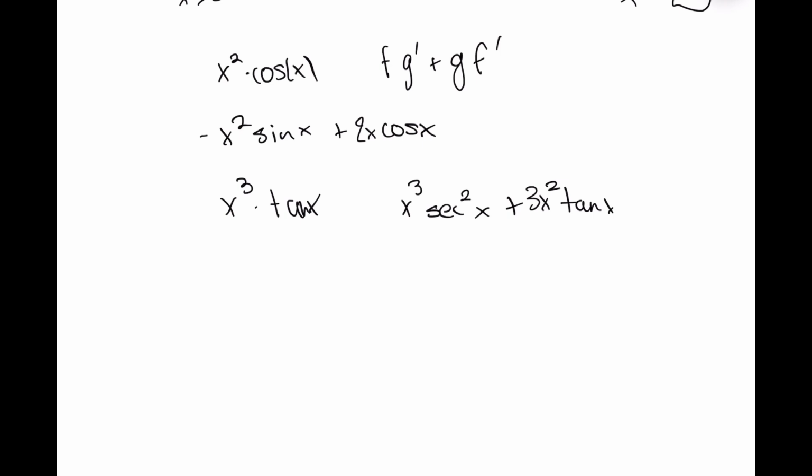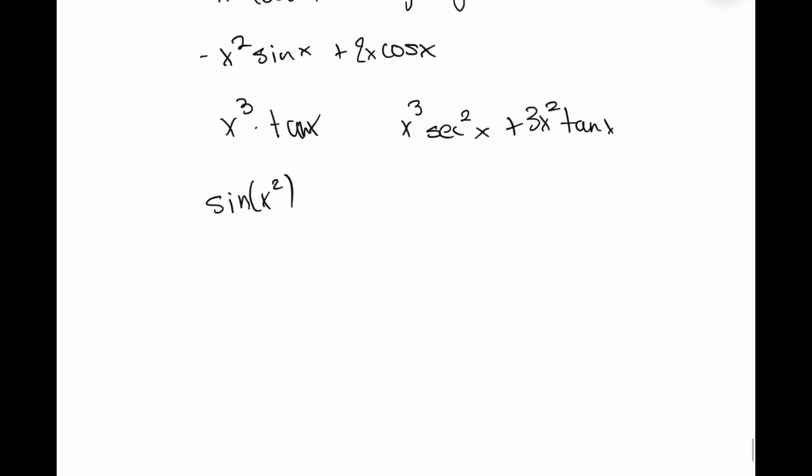Okay, now let's do a chain rule problem. Let's say we have the sine of x squared, right? And we want to differentiate this. Since this is chain rule, we remember that we take the derivative of the inside function and multiply that by the derivative of the outside function.